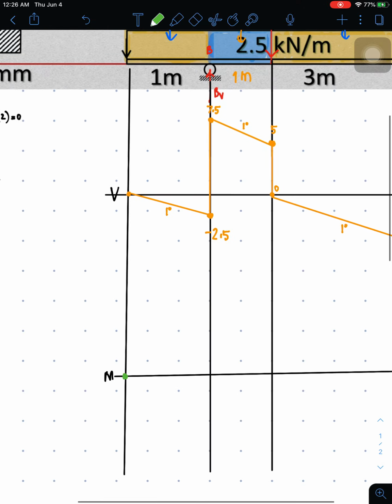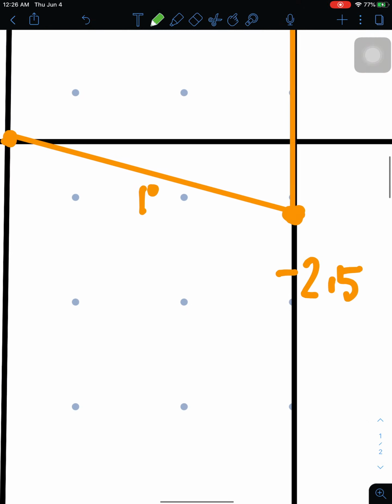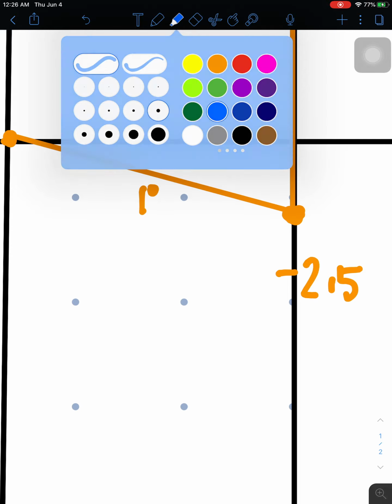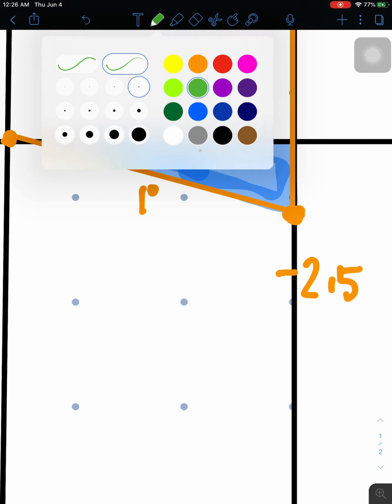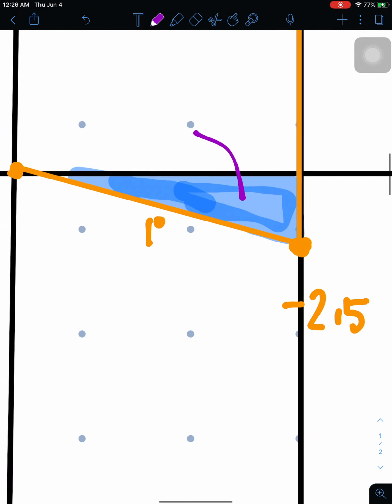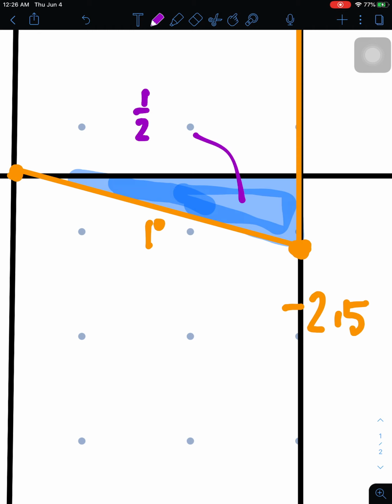And then we're going to subtract this area. Kaning area. So ato na siyang i-subtract. For this is the area nga atong gamiton for moment. So what is this area equal to? This area is, kay triangle man, that's 1/2 base times height. The height is 2.5. The base is 1.